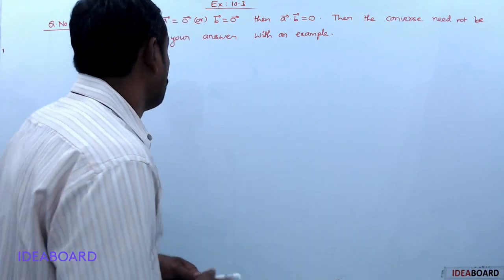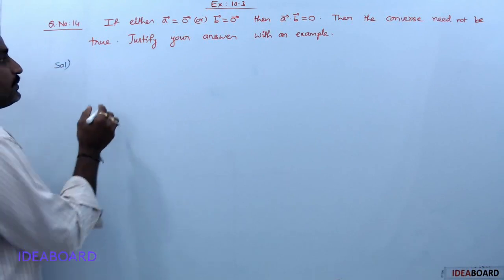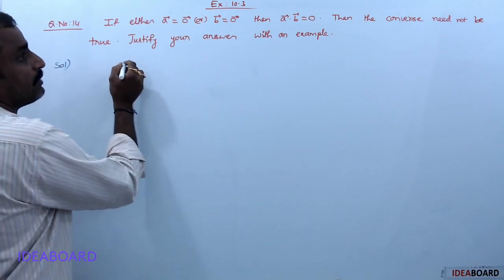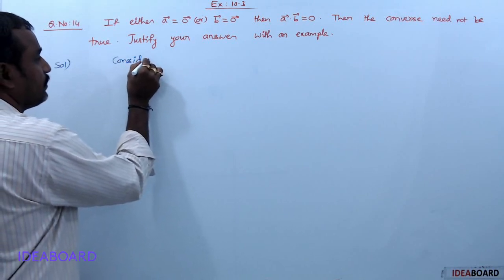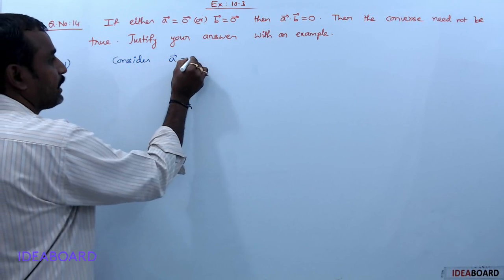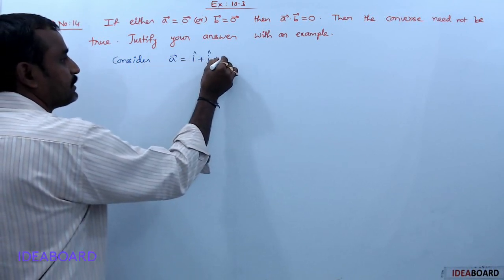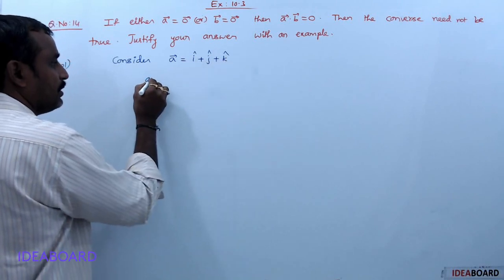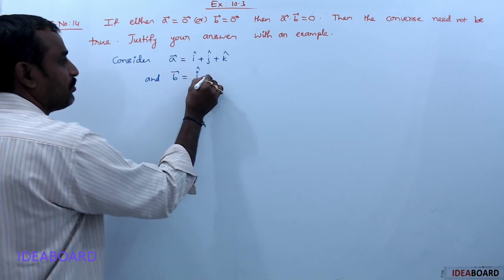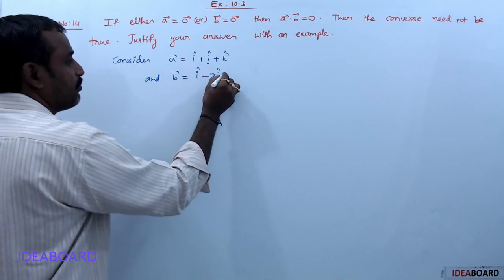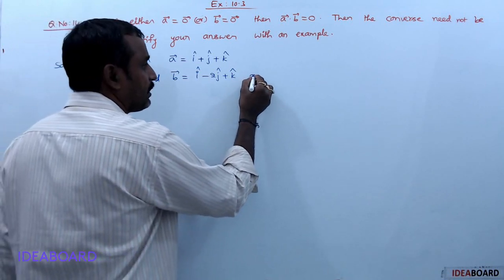So now the solution for that, consider A bar is equal to I cap plus J cap plus K cap and B bar is equal to I cap minus 2J cap plus K cap are two vectors.